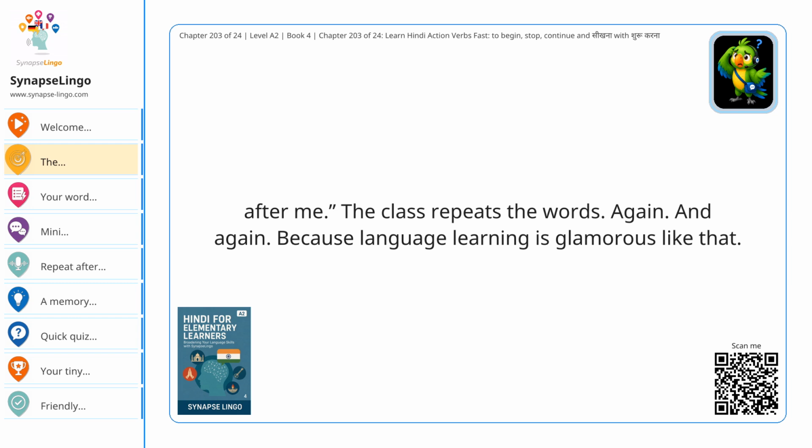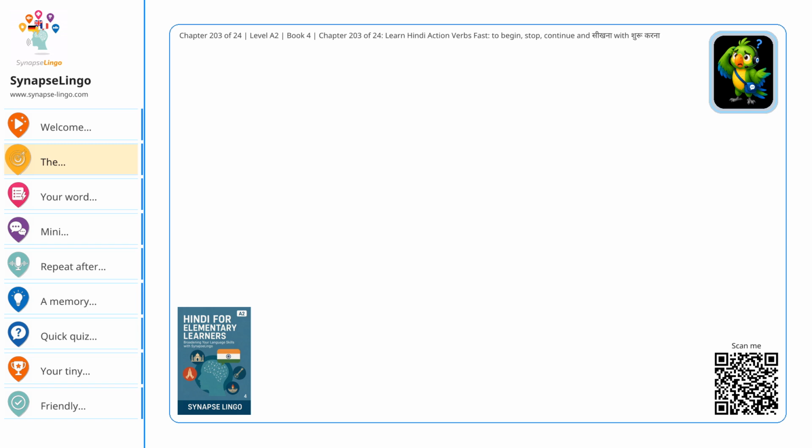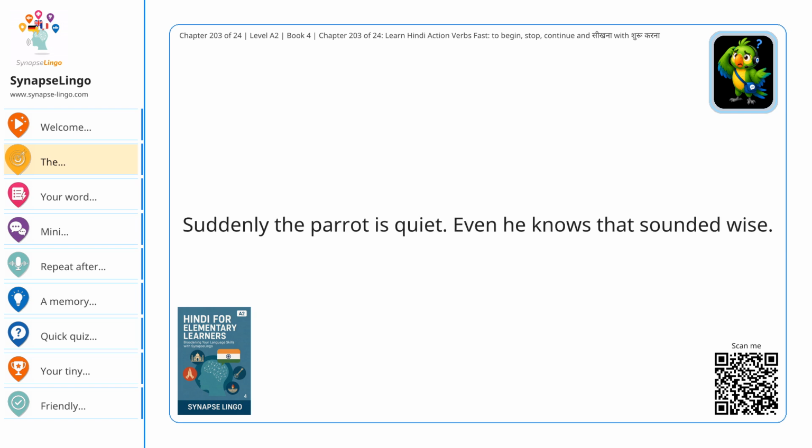The class repeats the words again and again, because language learning is glamorous like that. Then she says, "To improve, you must अभ्यास करना. If you want to सीखना, you must also ध्यान देना." Suddenly the parrot is quiet. Even he knows that sounded wise.